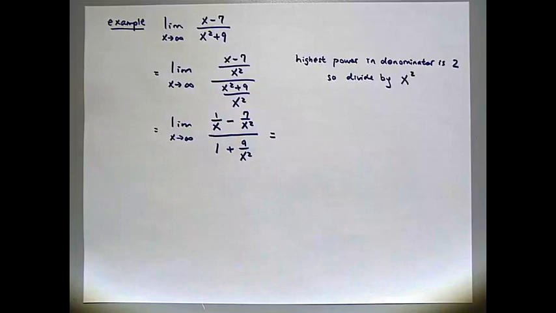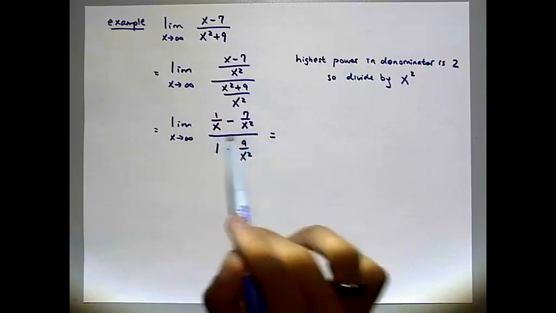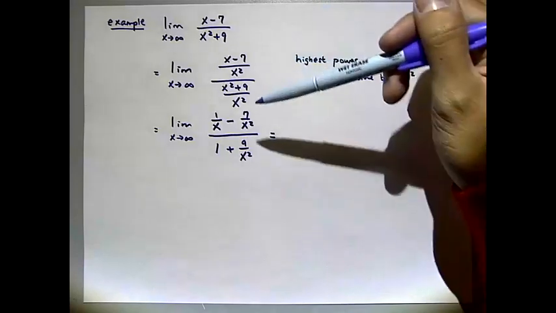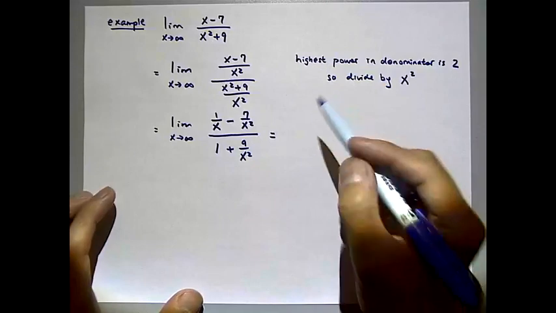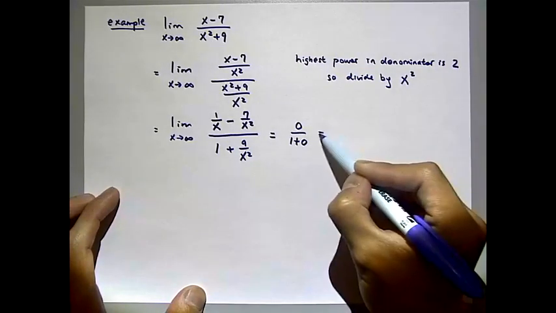Okay, so what do we get? 0, yeah, exactly. Both things upstairs go to 0 because the denominator is growing very, very large while the numerator is bounded. Downstairs, 1 doesn't care. This goes to a 0. So we get a 0 over 1 plus 0. Therefore, that's a 0.